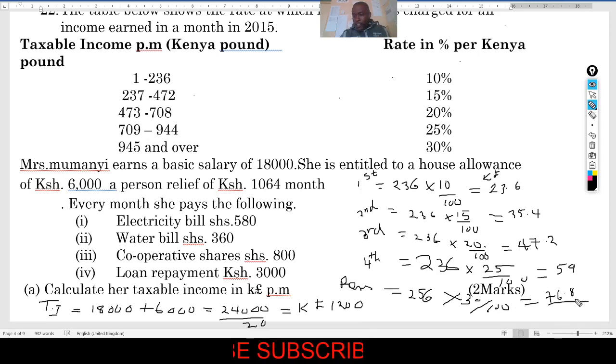So the total tax, you minus the relief to get the PAYE. If you add all of them, you get 242 Kenyan pounds. Times 20, 242 times 20 gives you 4,840.